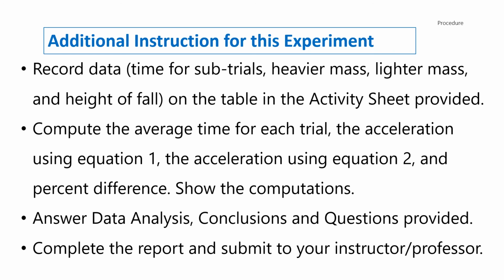Compute the average time for each trial, the acceleration using equation 1, and the acceleration using equation 2, and percent difference. Show the computations. Answer data analysis, conclusions, and questions provided. Complete the report and submit to your instructor or professor.